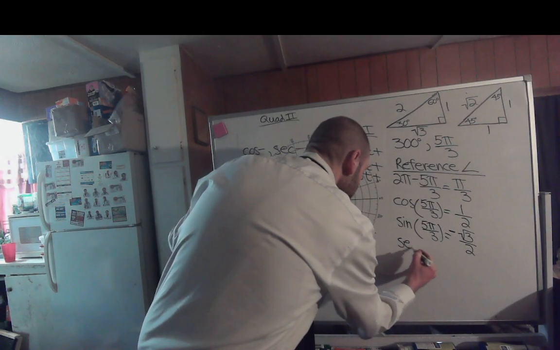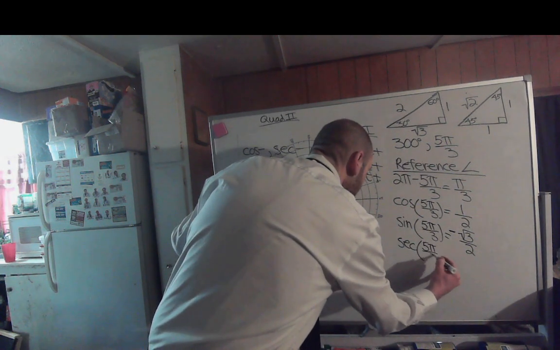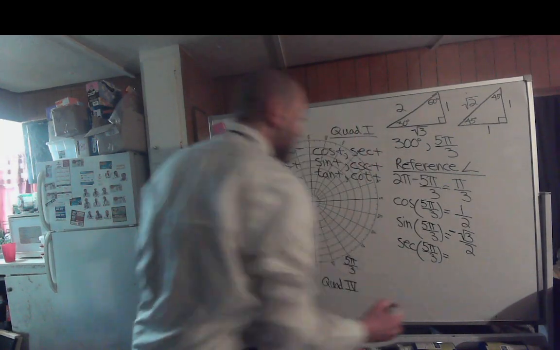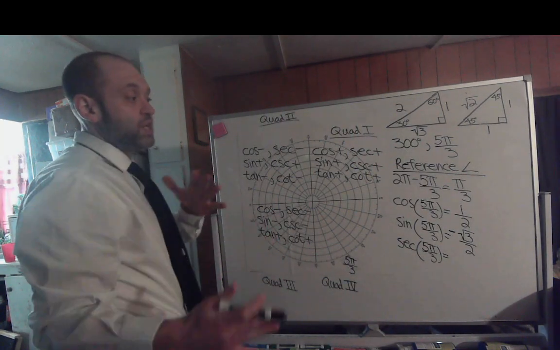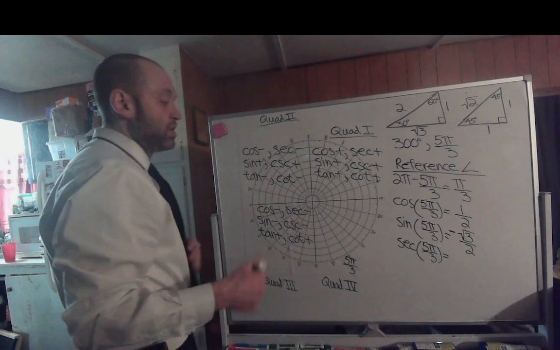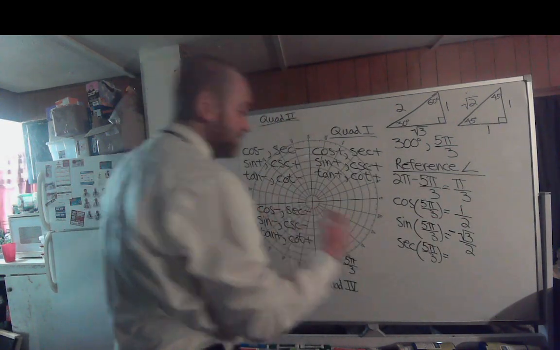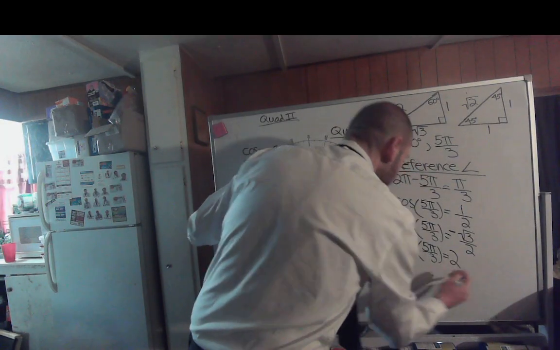Now let's find the secant of 5 pi over 3. Since your cosine's positive, that means your secant will be positive. So 1 over cosine, in this case, that'd be 1 over 1/2. That would give you positive 2.